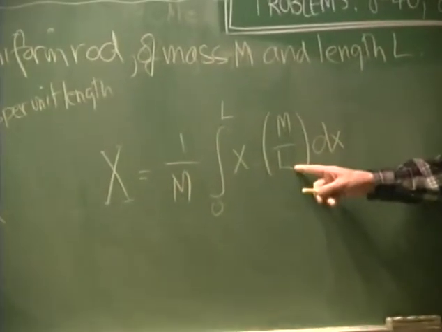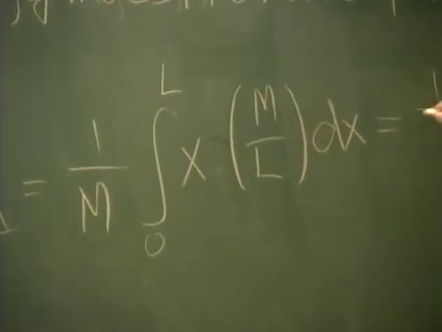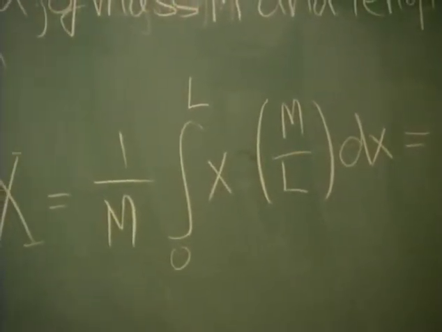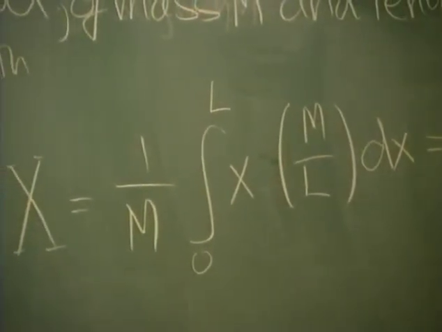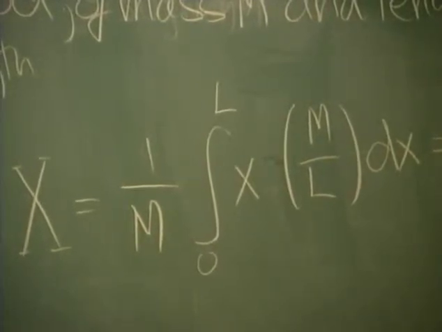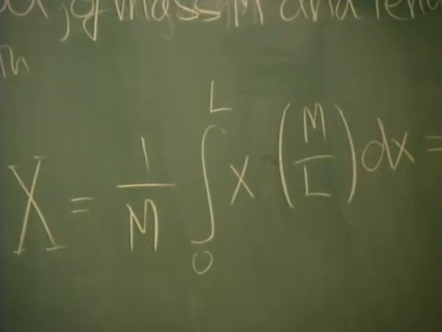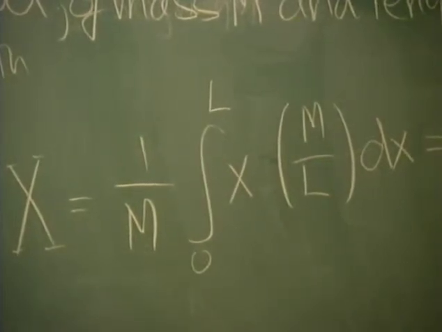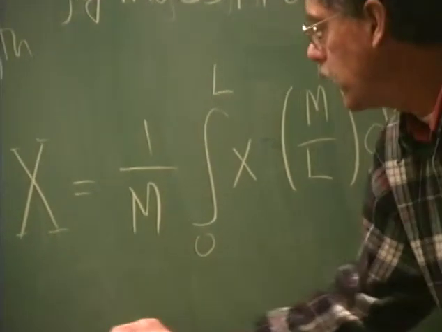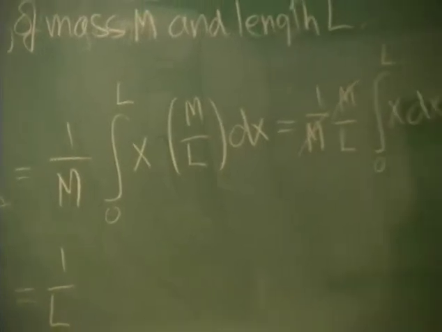M over L, I see that's a constant. Might as well haul it out in front. So this is 1 over M times M over L times the integral from 0 to L of x dx. Now I've got this into the form of an integral that's absolutely unambiguous. The M's, by the way, cancel out, and I get 1 over L times the integral of x dx.